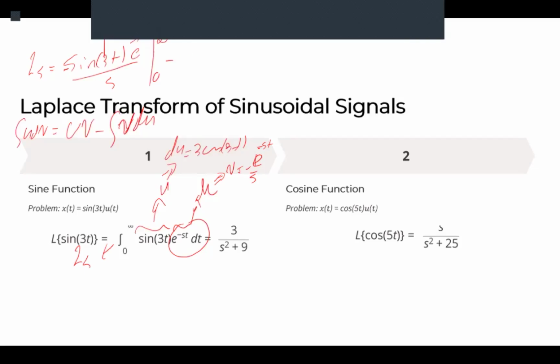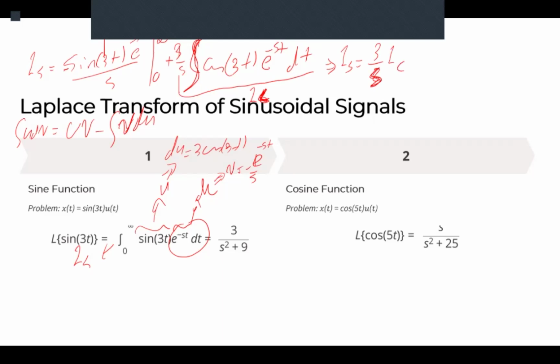Minus, here we have minus over s on v, so it's going to be plus 1 over s. We have a 3 here too, so we take it outside of the integral. We are going to have cosine of 3t e to the power of minus st dt. Are we good? Now, let's call this one IC, the integral of cosine. If we call that, you see that IS is 3 over s times IC.